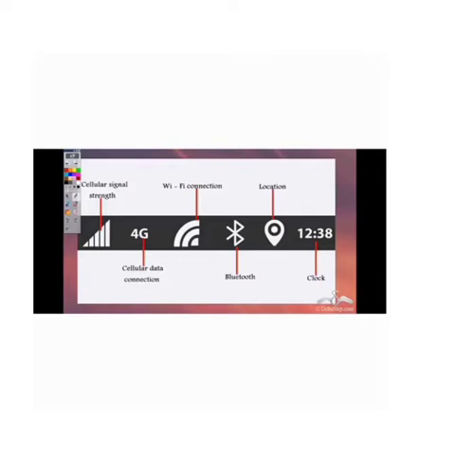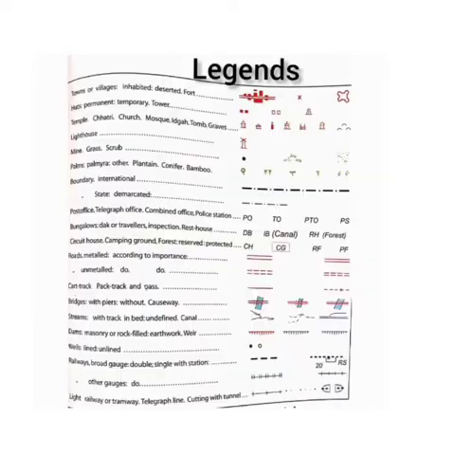Most maps all over the world use certain standard symbols which make them easy to understand for people of different countries who speak different languages. There is an international understanding for using these symbols to show different features in maps. These are called conventional signs or symbols.